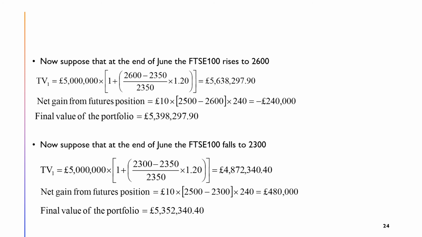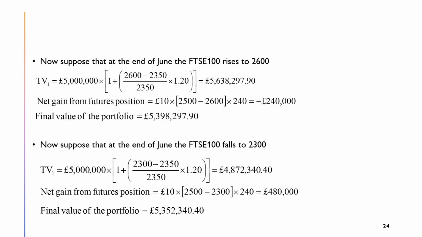From the same example on stock index futures, this slide shows the final value of the portfolio if FTSE 100 rises to 2,600 or falls to 2,300. When FTSE 100 rises, we lose since we have a short position in the futures contract.